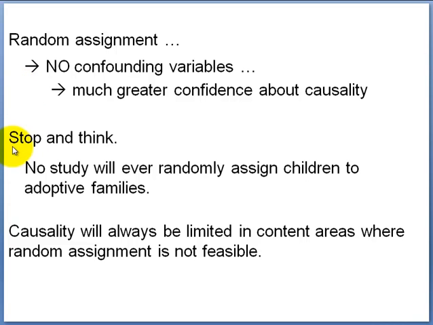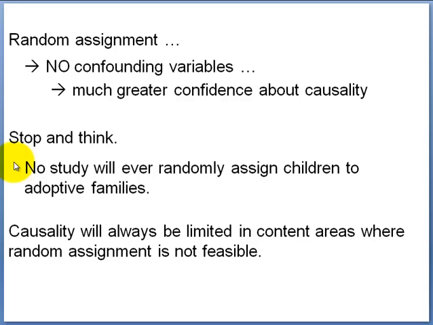Common sense. Stop and think for a minute. Could one ethically carry out a study in which children were randomly assigned to adoptive families? Probably not. Kids are going to go to families based on things like the needs of the kids, the desires of the families, whether the kids are relatives to the adoptive family would be an important factor.